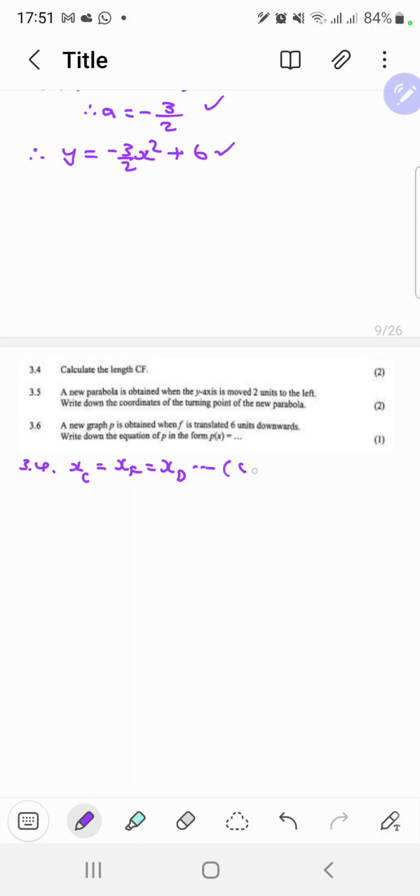Because CFD is a vertical line. Not a problem. Which we know that therefore the x-coordinate of F is going to be minus a third. That is what we want to conclude.